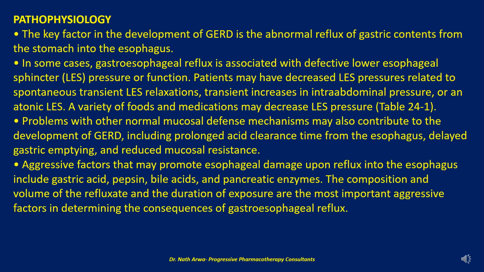Aggressive factors that may promote esophageal damage upon reflux into the esophagus include gastric acid, pepsin, bile acids, and pancreatic enzymes. The composition and volume of the refluxate and the duration of exposure are the most important aggressive factors in determining the consequences of gastroesophageal reflux.